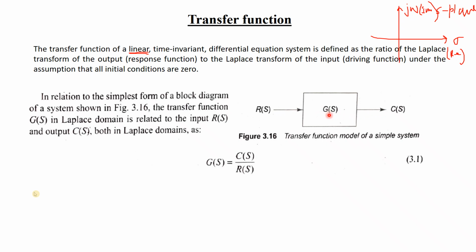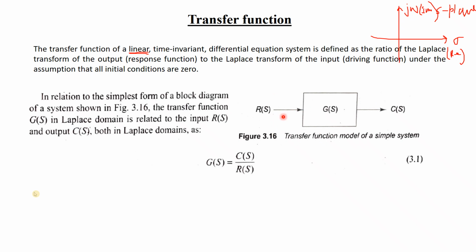If you divide the output signal by the input signal, which are already in S domain, you will get the value of the block. And that value of the block is called the transfer function of the particular system. So the transfer function of the system is the Laplace transform of output by the Laplace transform of input. As simple as that.